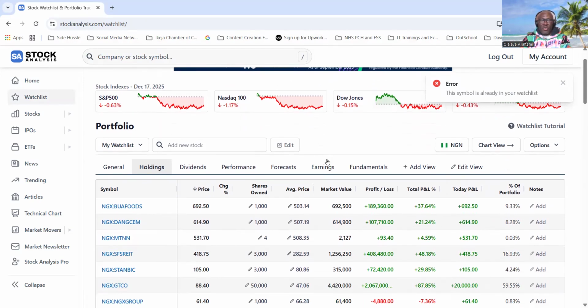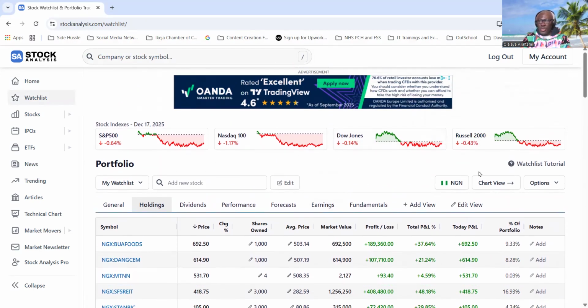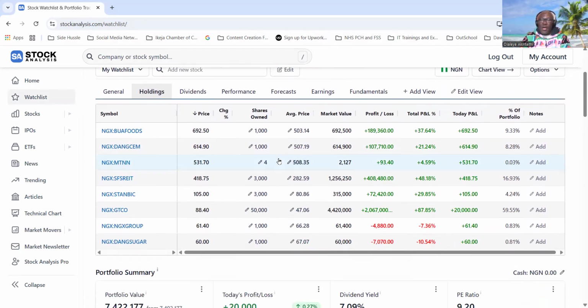So I've already added two stocks. Let me now see where to find these two stocks which I've added. Okay, so you can see I have so many stocks listed in here.